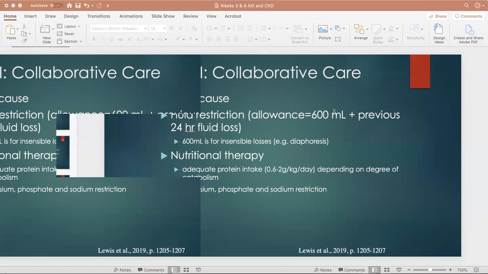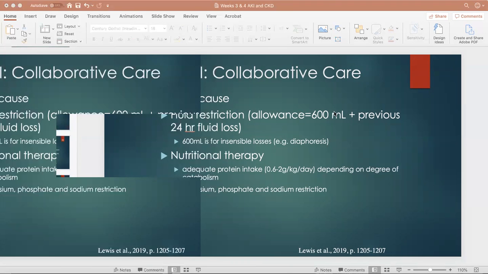It's not just through urinating. It's through sweating, diarrhea, throwing up, or emesis. And so in a perfect world, you're able to track all of that, and however many milliliters that all adds up to, you add 600 milliliters for that, and that's how much the patient is allowed to have during the day.